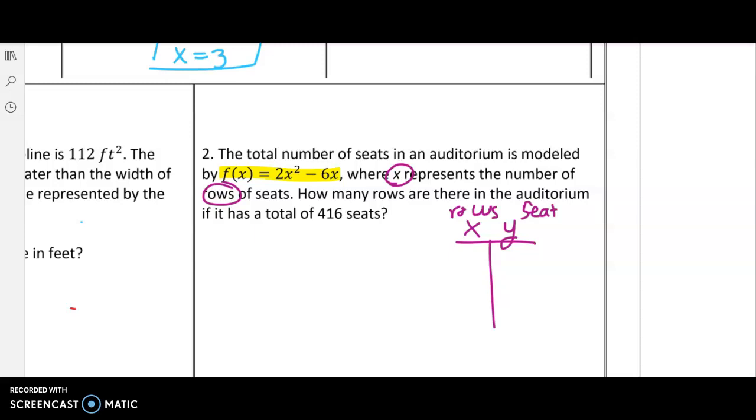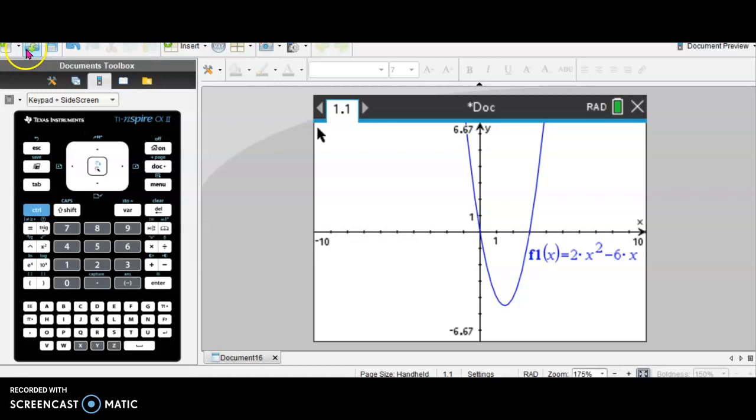We know there are 416 seats, and we want to know how many rows would that be. So all we have to do right now is to type our equation into graph like we did before, but look at the table. So go ahead and take a moment to type it in.